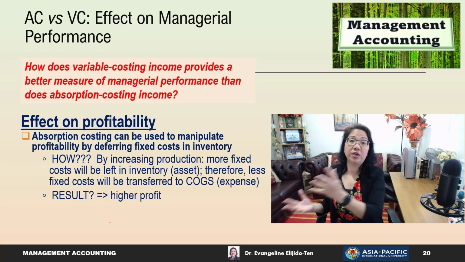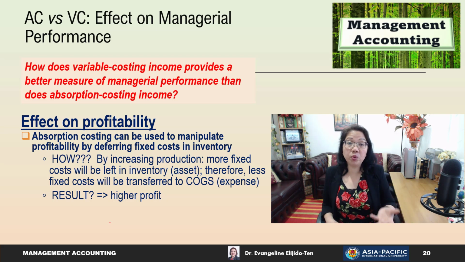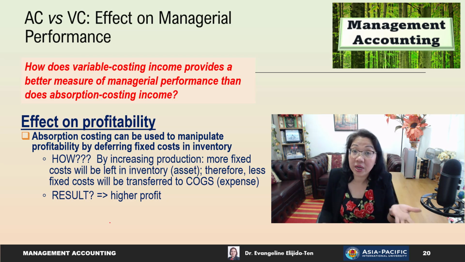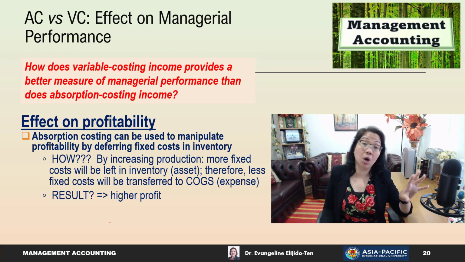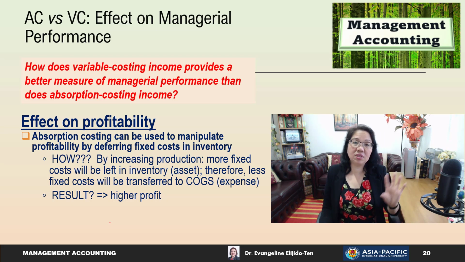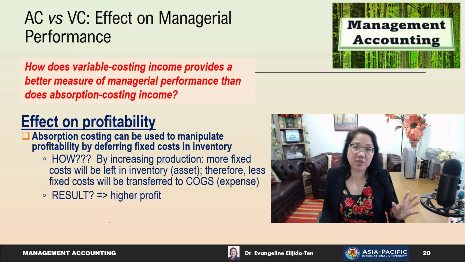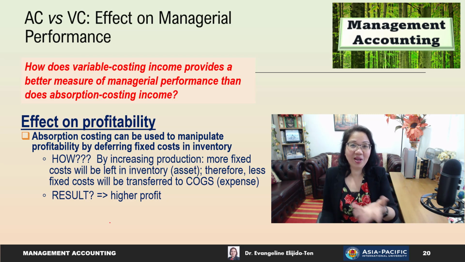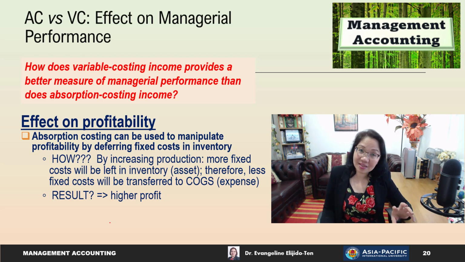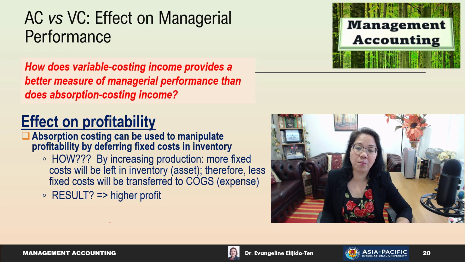If year after year I keep on producing more even though there's not enough demand, those inventories might become obsolete. And if I resign already after 2 years, for example, that's no longer my problem, right? I can show that I had good profitability during my term, but that's not exactly good for the company.